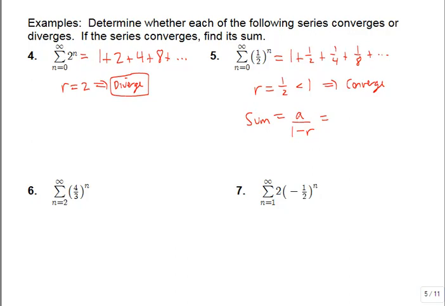So a, remember, is your very first term, in this case when n was 0, which is just 1. And then r is this 1/2. So if we simplify this, we're going to get 1 over 1 minus a half is half, and 1 over a half becomes 2. So the sum is actually 2 if I were to add all these up.